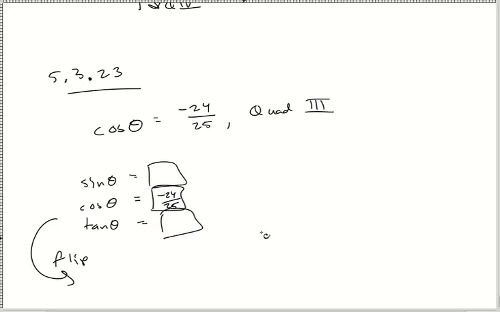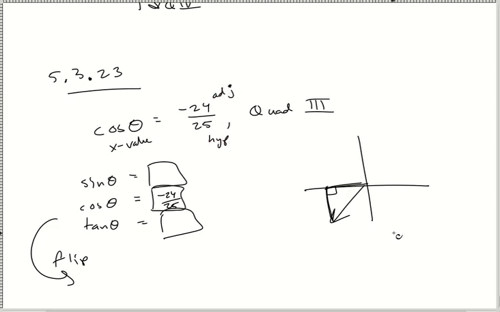Okay, so what do we do? Well, first off, quadrant 3 is down over this way, right? And so I'm looking at a triangle that looks something like this. Also notice cosine is going to be an x value. Or you could even go a step further and say this is my adjacent and my hypotenuse. It's okay to go back and do that sometimes too.